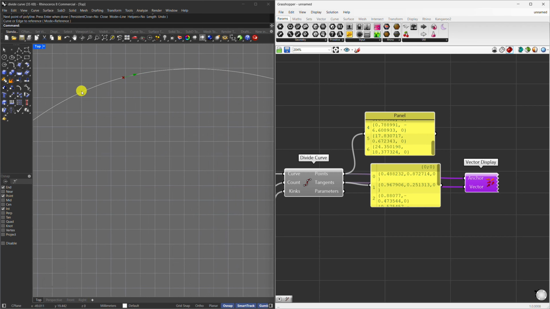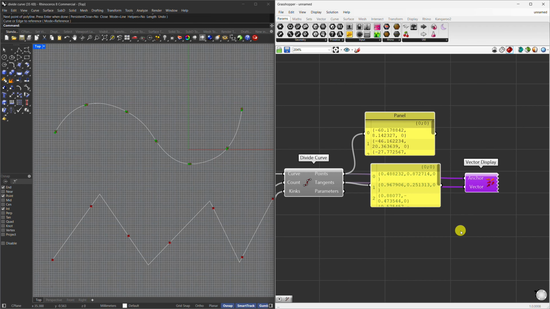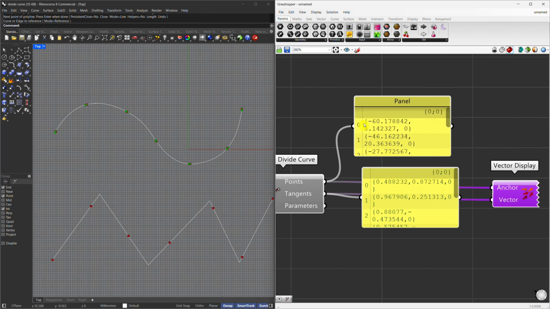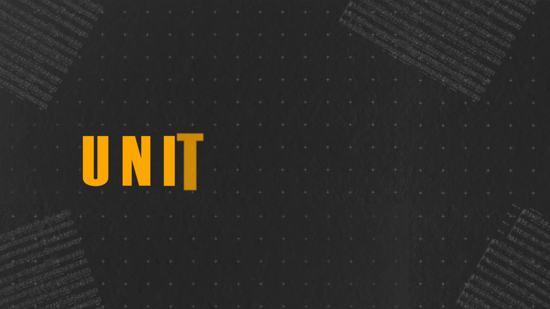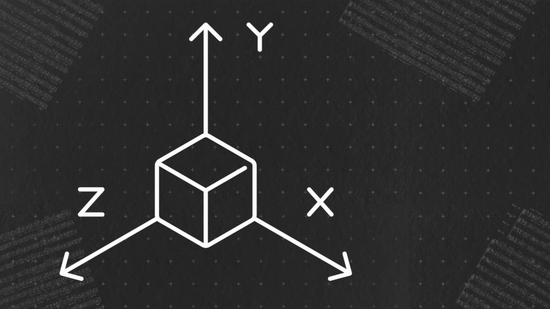This is this direction. When I was making the script for this video, I had one doubt. The points and the tangents look the same. There are 3 numbers in this and 3 numbers in that also. Then how does this give the direction? Then I came to know Grasshopper uses a unit vector, meaning if you are moving in the x direction, it will show direction as 1, 0, 0.